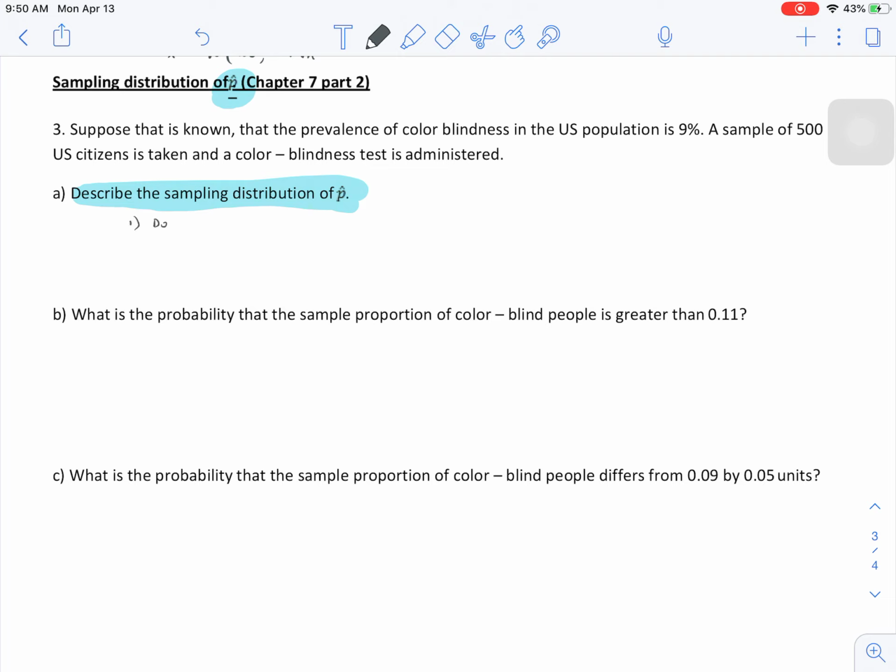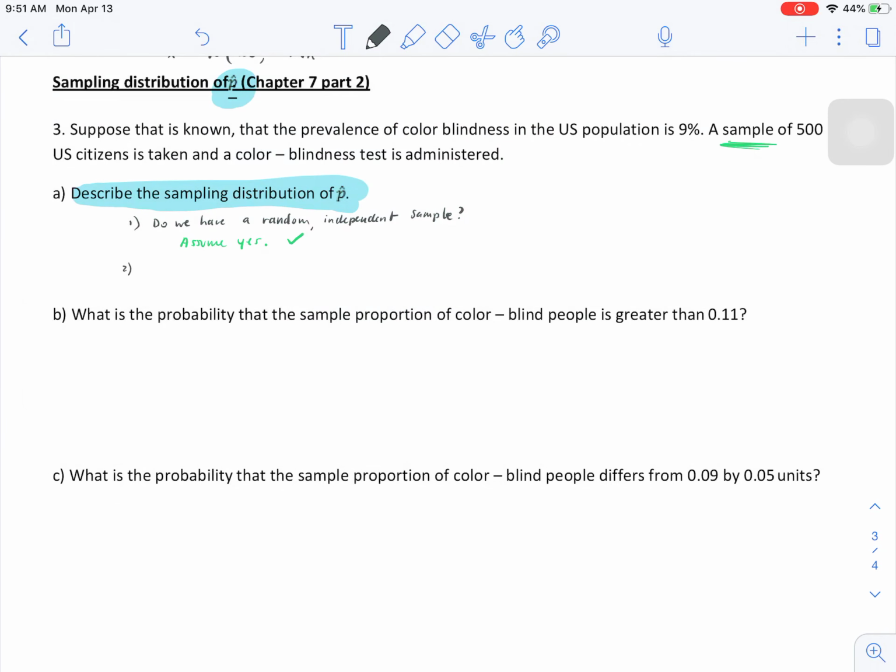First, do we have a random sample? Well, let me see. It actually doesn't tell us if our sample is random or not, so we'll have to assume yes, since we're not told otherwise.